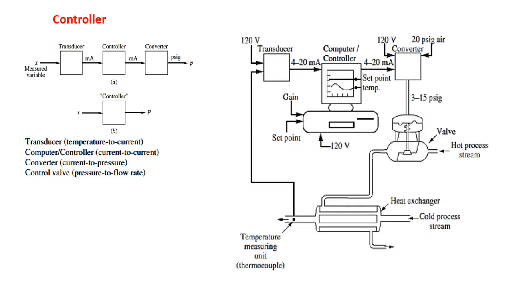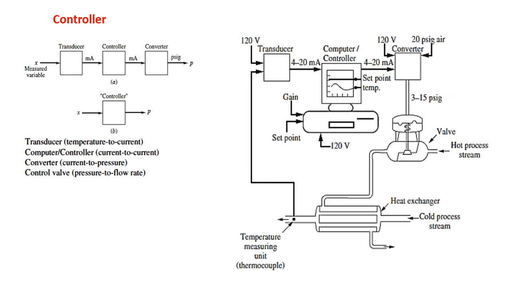Now if you see in this example, we have a heat exchanger where the cold stream is being heated with the help of a hot stream so as to get the desired output at a high temperature. So our aim for the heat exchanger is to have an outlet at a high temperature.